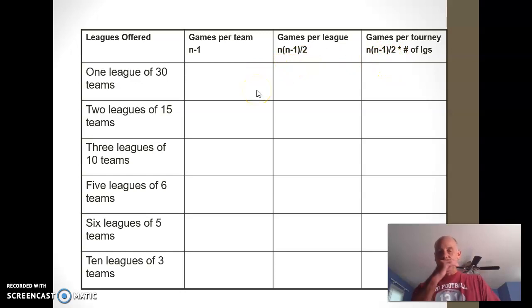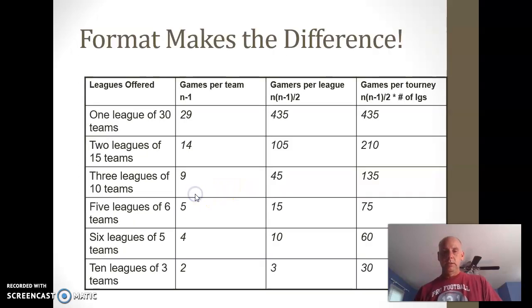One of the trends I want you to see as we look across this is that the more leagues we have and the fewer teams in each league, the fewer games we're going to have. So here's the same thing. If we had one league with those 30 teams, we know 29, but we have to have 435 games to get it done. That's how many games per league.